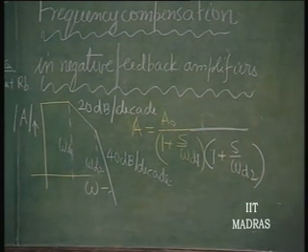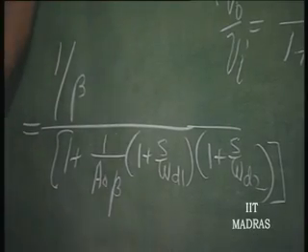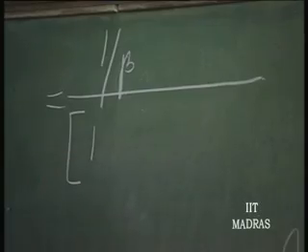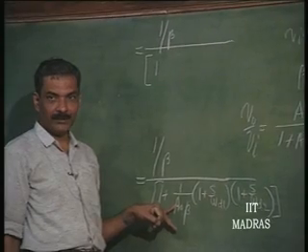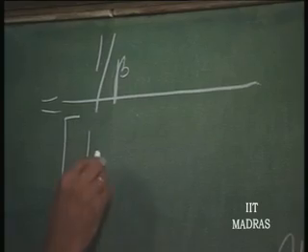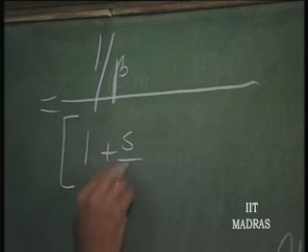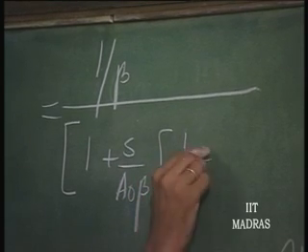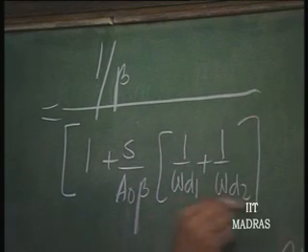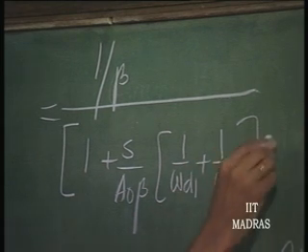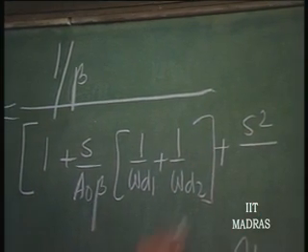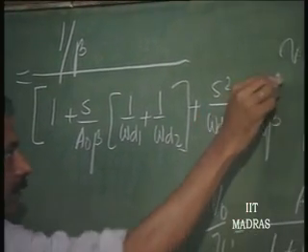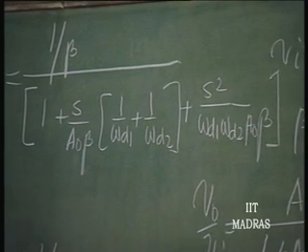Once again you expand this, and this is 1 over beta, which is the gain of the amplifier with feedback, plus 1, you will ignore 1 over A naught beta compared to 1, and then you have S into A naught beta, 1 over omega d1 plus 1 over omega d2, plus S squared into omega d1 omega d2 over A naught beta. So, this becomes a second order system.